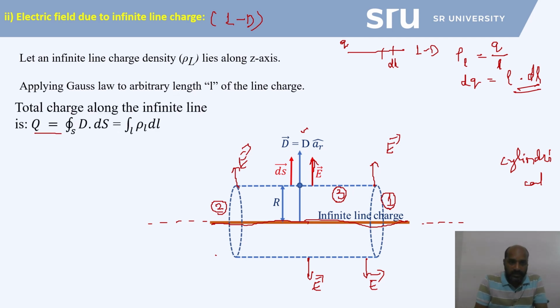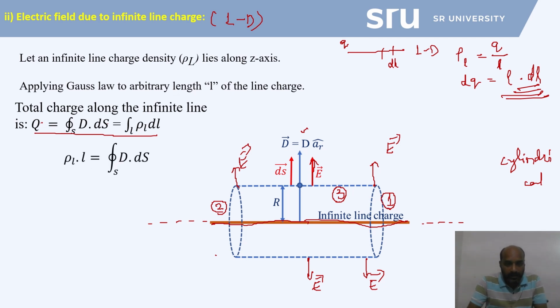If you apply that, the total charge will be equal to what? As per Gauss law, Q is equal to, in terms of D, the surface integral D dot ds, and you can write this Q as rho L dl.